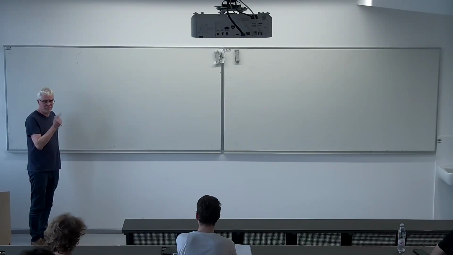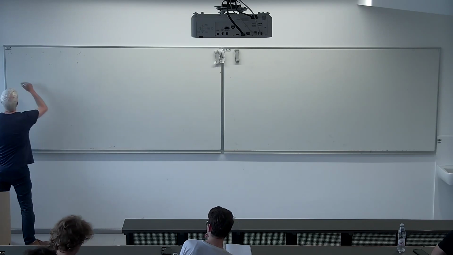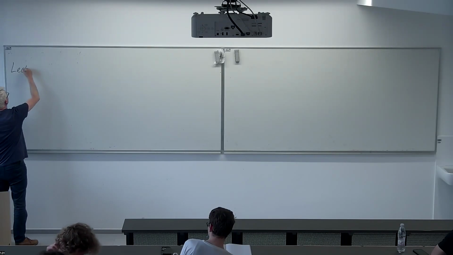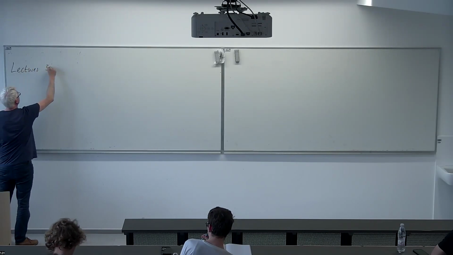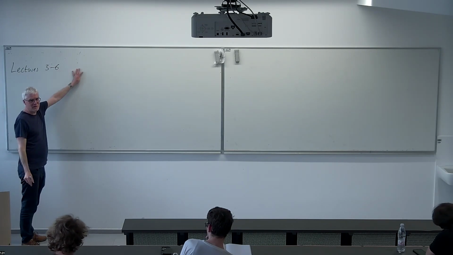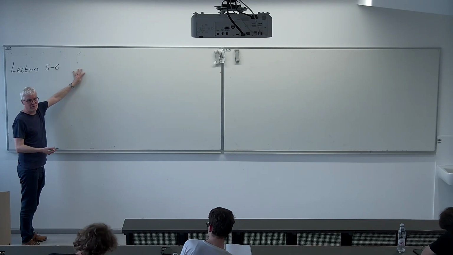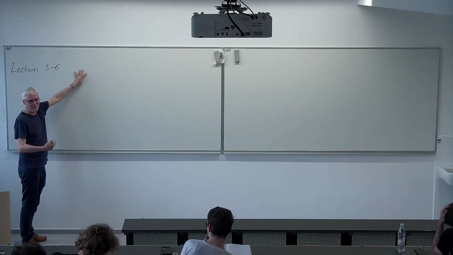But from lectures 3 to, I guess, 6, we did things like the simplification of formulas and these various normal forms for formulas, some decidability results for theories, and the proof rules, which are ways of manipulating formulas to be able to reason with them.